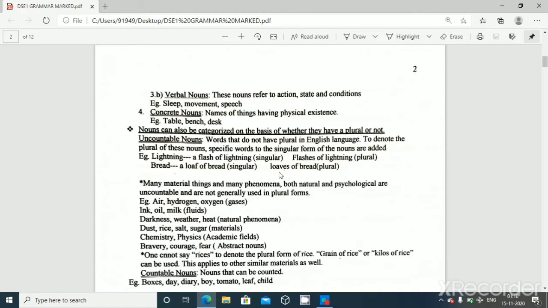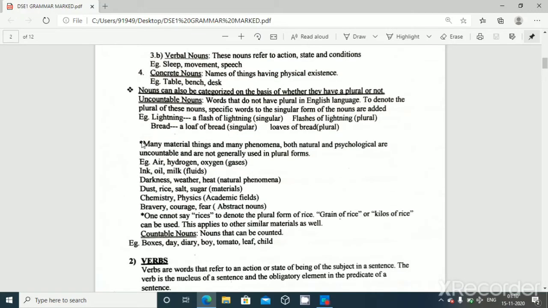Loaf as the singular term, and loaves as the plural form. Then again, many material things and many phenomena, both natural and psychological, are uncountable and not generally used in plural forms.